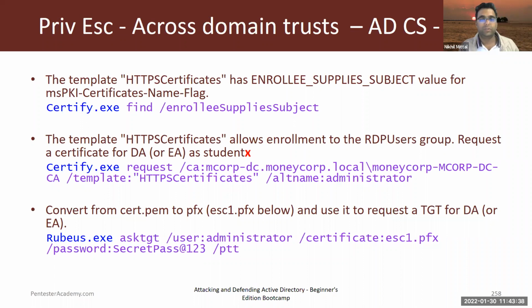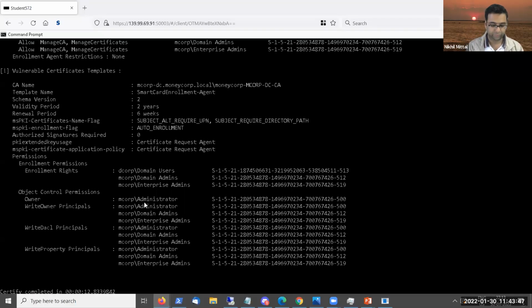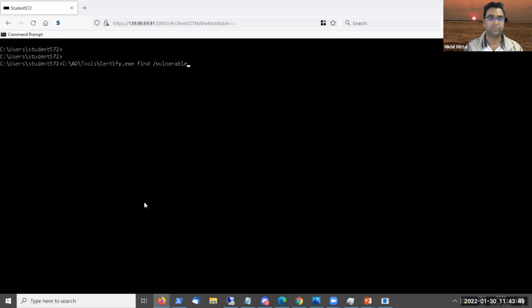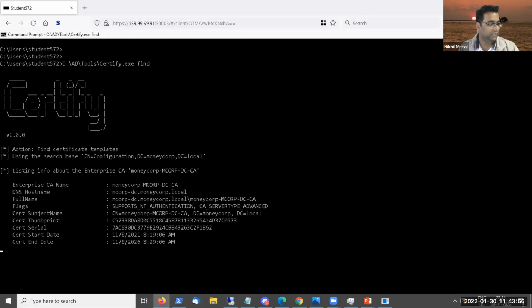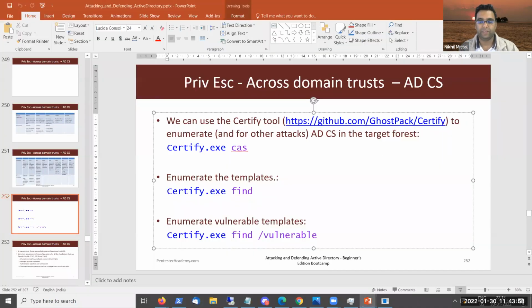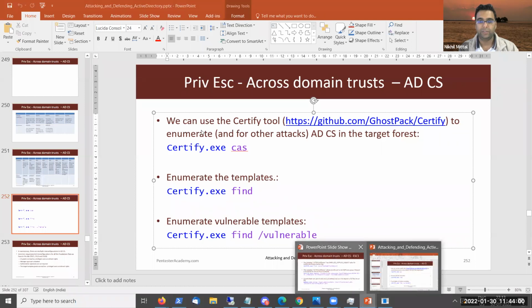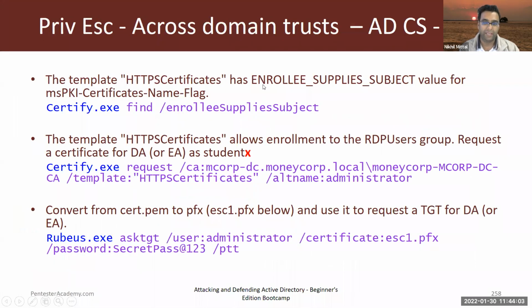Now, the template HTTPS certificates, when we simply run find here, you would see that the template HTTPS certificates has enrollee supplies subject value for the msPKI-Certificate-Name-Flag attribute.